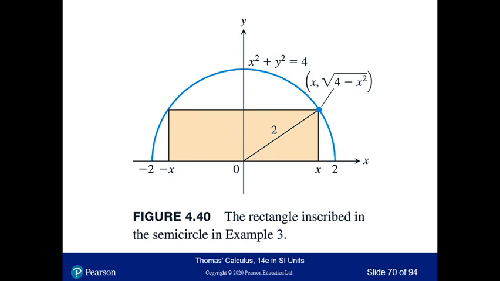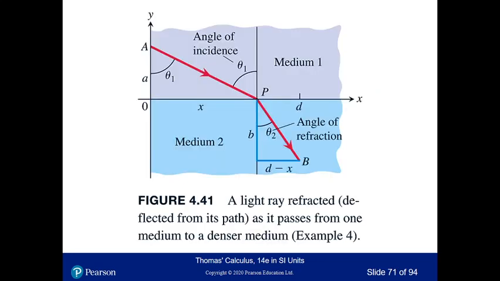So the maximum value is 4. So the area has a maximum value of 4 when the rectangle has square root of 2 units high and square root of 2 units long. So we find it. And that's the solution to this question.